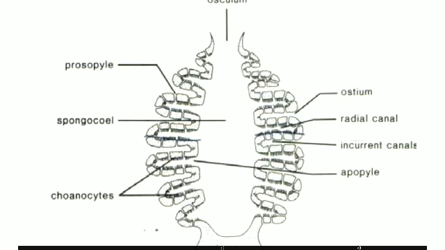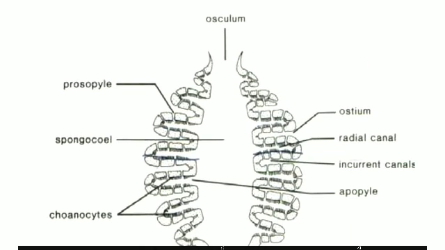This apopyle opens to a large cavity in the center called the spongocoel, and from this spongocoel the water exits through a small opening called the osculum. This is the canal system in Sycon.